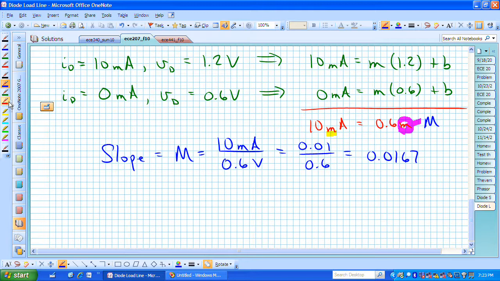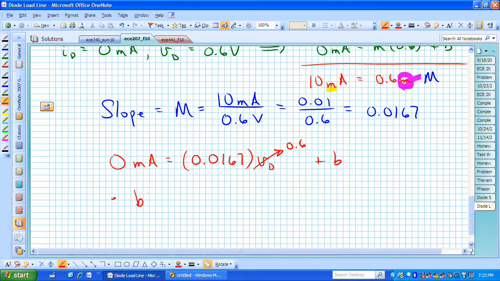Once we have the slope, we can plug that back in to find B from either of those 2 equations. From the second equation, we have 0 milliamps equal to 0.0167 times V sub d, which in this case was 0.6, plus B. Now we can solve that for B. B is equal to 0.6 times 0.0167, which ends up being minus 0.01, because 0.0167 was 0.01 over 0.6.